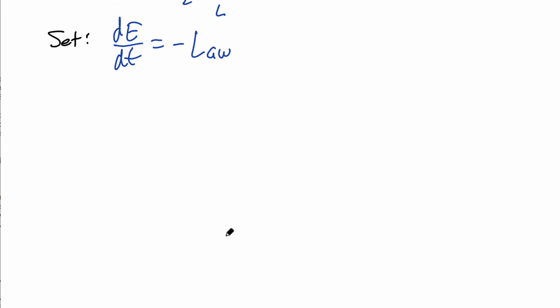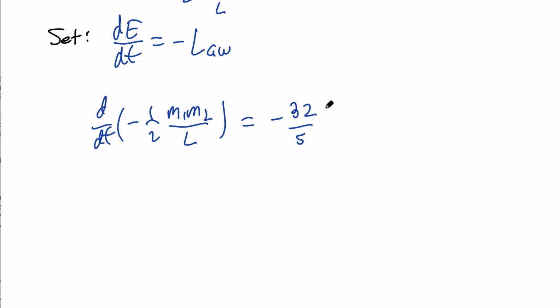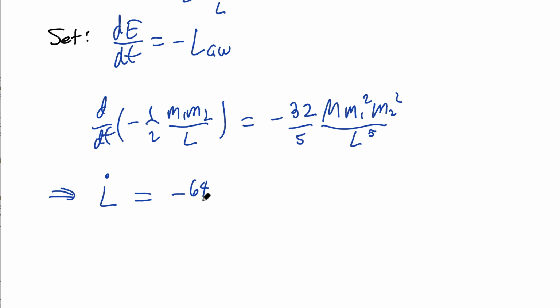In other words, d by dt of minus 1/2 m1 m2 over L equals minus 32 over 5 times total mass m1 squared m2 squared divided by L to the 5th. And this simplifies to L dot, the rate of change of the orbital separation, equals minus 64 over 5 times capital M m1 m2 over L cubed.